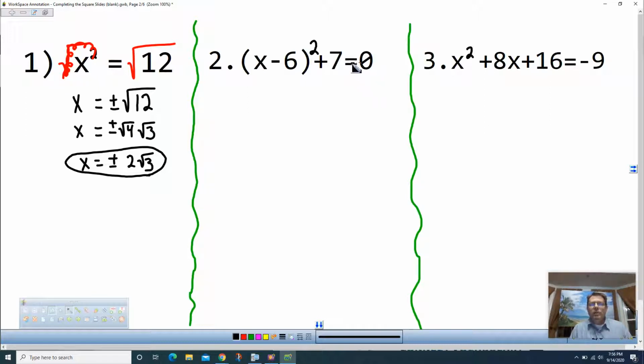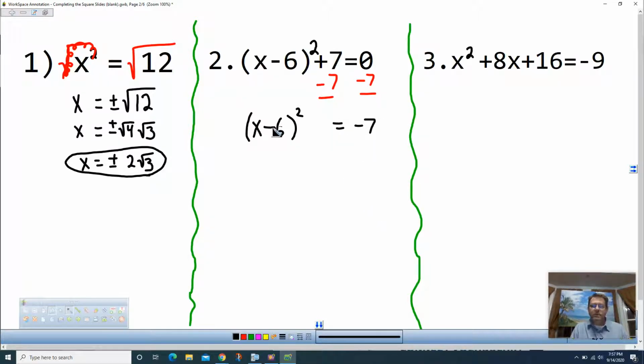Well, what could we do to make it like number 1? Well, if we subtracted 7 from both sides of our equal sign, that would leave us with x minus 6 squared equals negative 7.